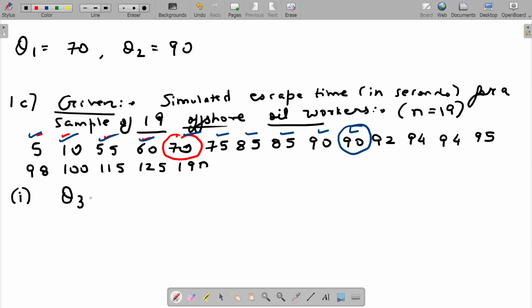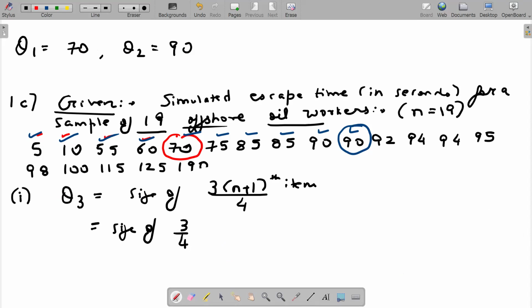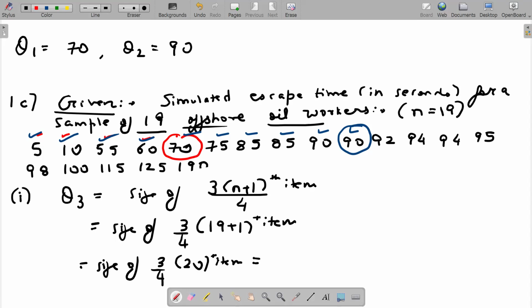I can write that Q3 is the size of 3 times (n plus 1) by 4th item. Let's quickly calculate that. Size of 3 by 4 times, n is 19 plus 1, which is 20. So the 20th item times 3 by 4 is going to be the size of the 15th item, because 4 cancels with 20, making it 5, and 3 times 5 is 15.